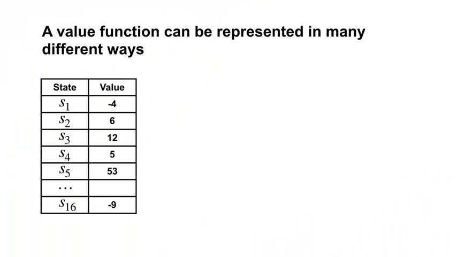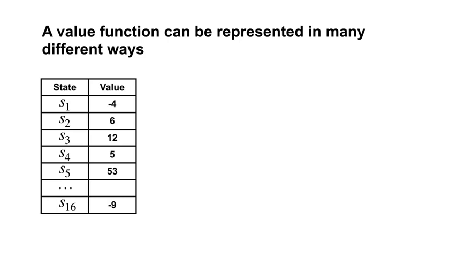In previous courses, we spent a lot of time thinking about how to estimate value functions. So far, our value approximations have always had the same form. For each state, we store a separate value in a table. We look up values and modify them in the table as learning progresses. But this is not the only way to approximate a value function.